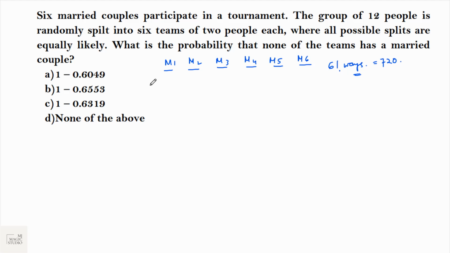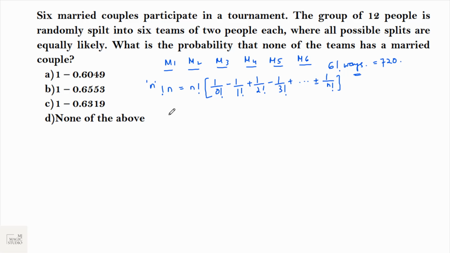So if we have n different objects, the number of ways we can have a derangement is given by subfactorial n, which is factorial n into 1 by factorial 0 minus 1 by factorial 1 plus 1 by factorial 2 minus 1 by factorial 3 plus till 1 by factorial n.